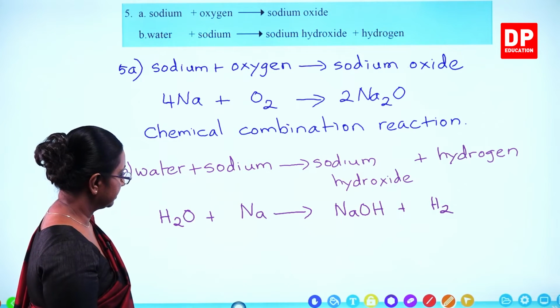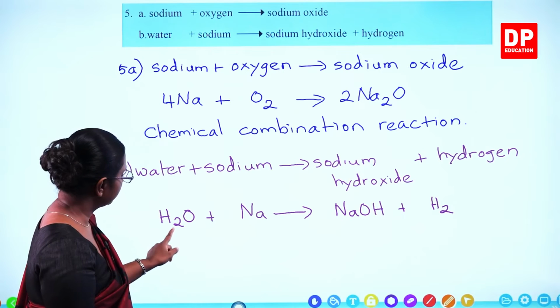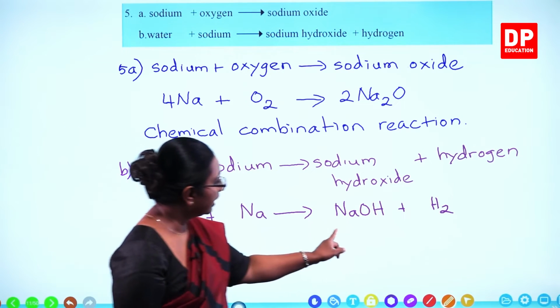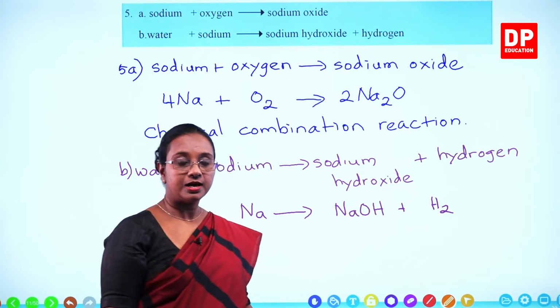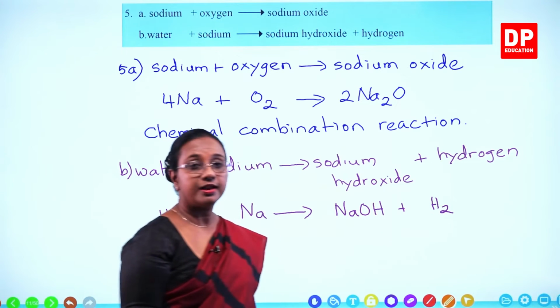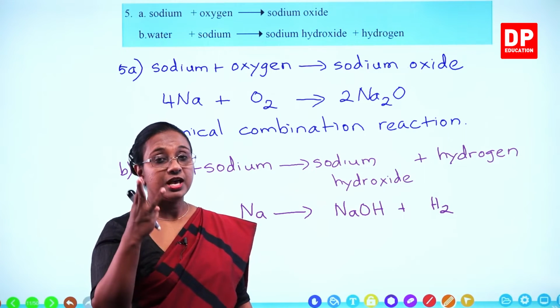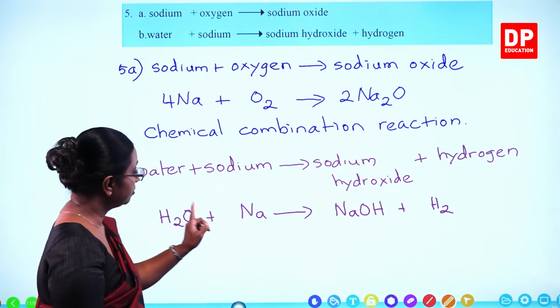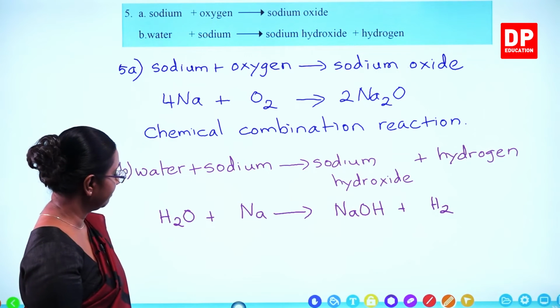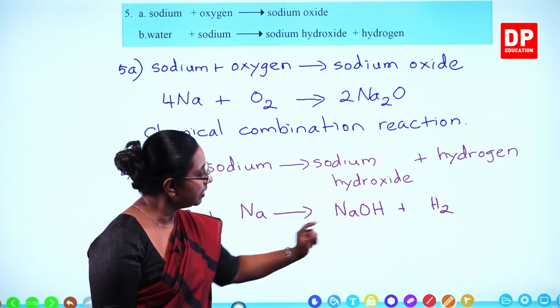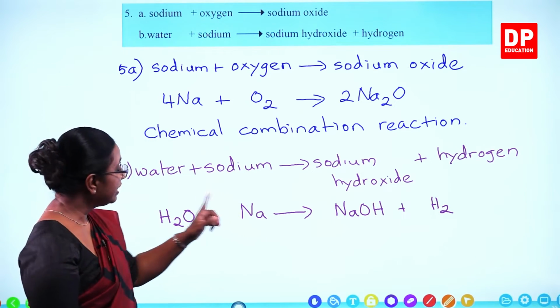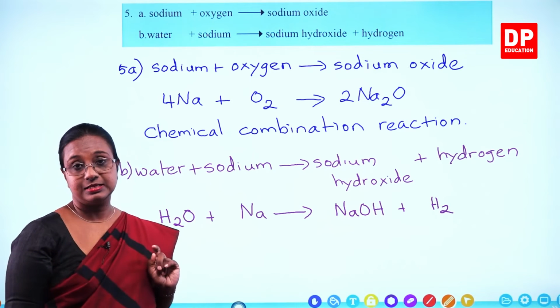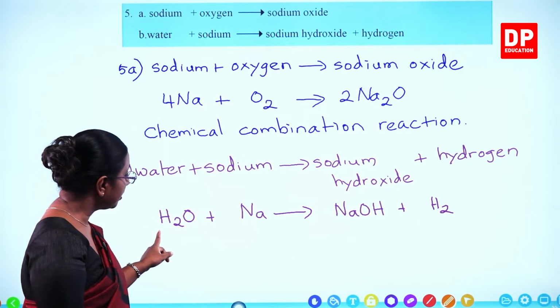Now to balance. H2, so 2 hydrogen atoms. NaOH, there is 1 hydrogen. H2, there are 2 hydrogens. So there are 3 hydrogen atoms there. Then oxygen, only 1. Oxygen, only 1. 1 sodium, 1 sodium. So we need to balance hydrogen. Now there are 2 hydrogens here.